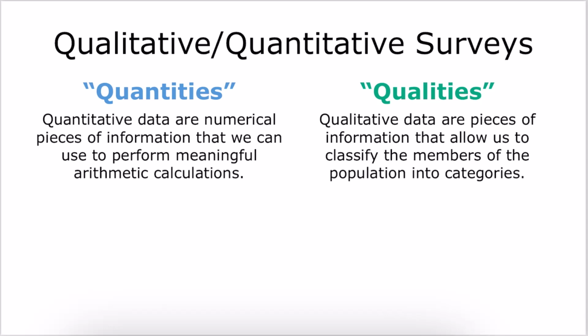And then for the qualitative data, which is like data that sorts people into categories like eye color or political affiliation or things like that, you're going to use that data to make like pie charts and bar charts and different representations of qualitative data.